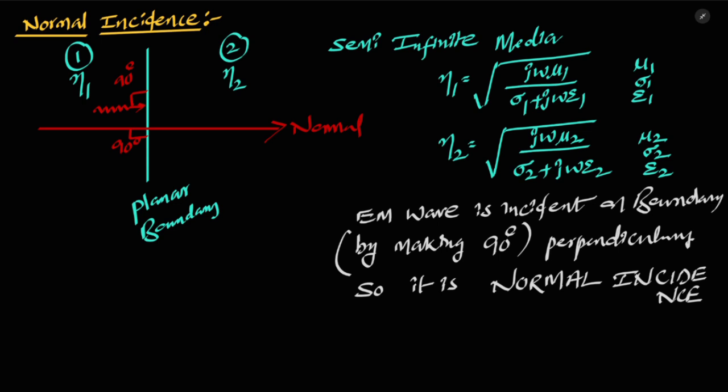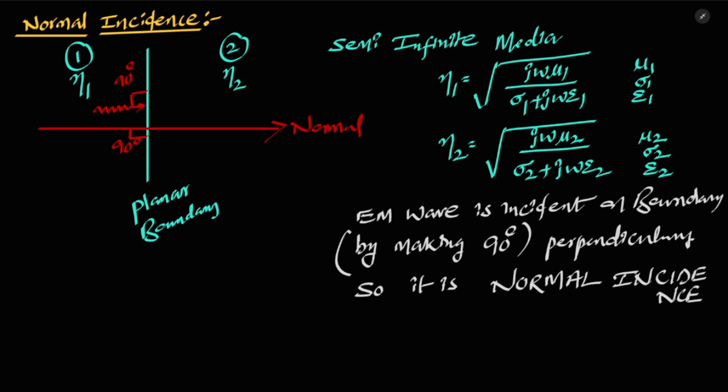In this particular situation, when the electromagnetic wave is incident normally on the boundary which is separating the two media, what will happen? Is it completely transmitted into the second medium, or is only a certain portion transmitted into the second medium? Then what about the remaining portion? The remaining portion can be reflected. That is what we need to see.